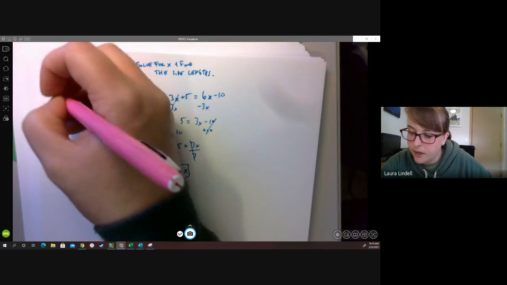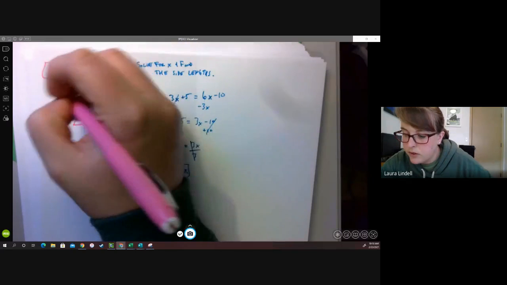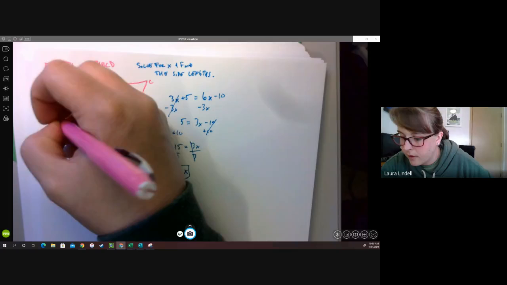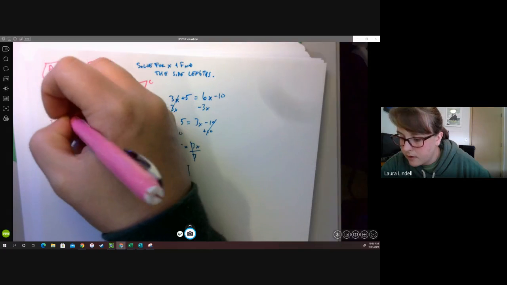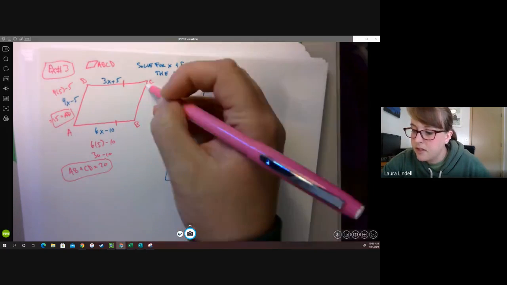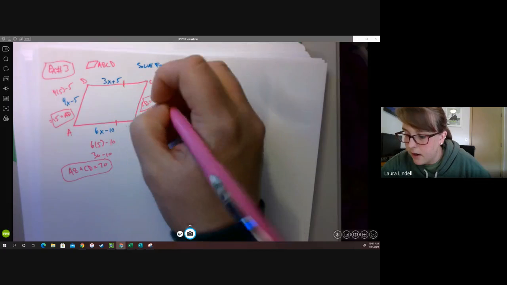And then for this one, we can go 4 times 5 minus 5, which is 20 minus 5, which is 15. So that means AD is 15, and AB and CD are 20, and then CB would also be 15, since it's opposite of AD.